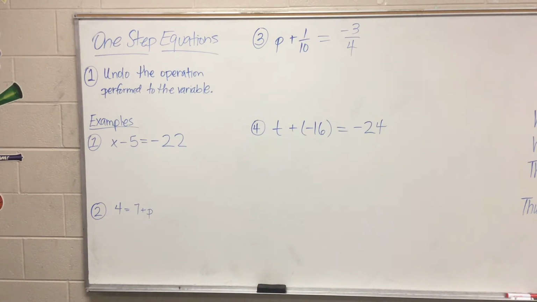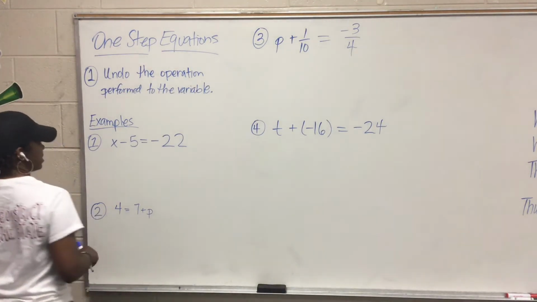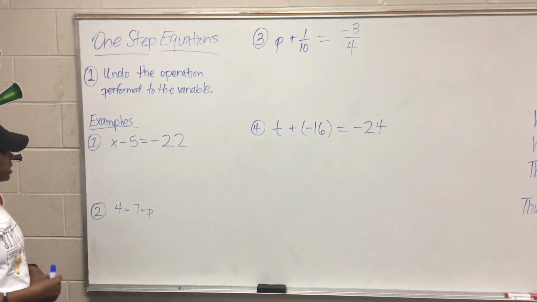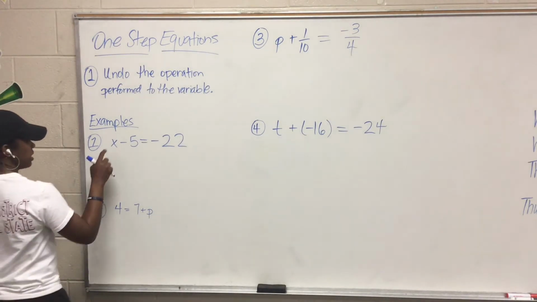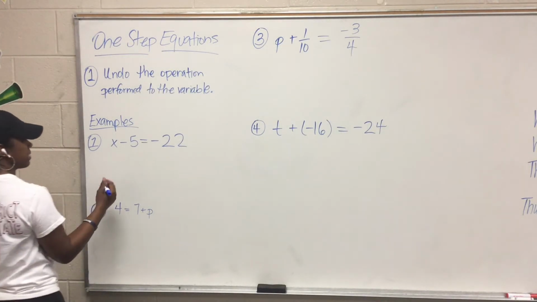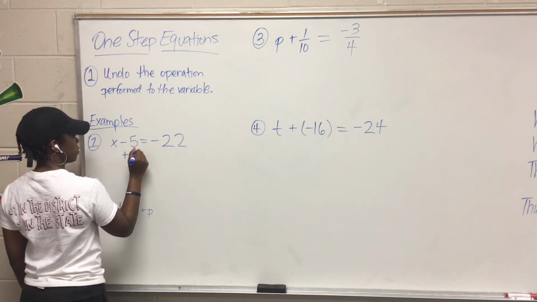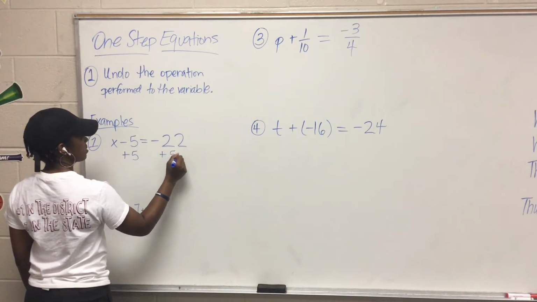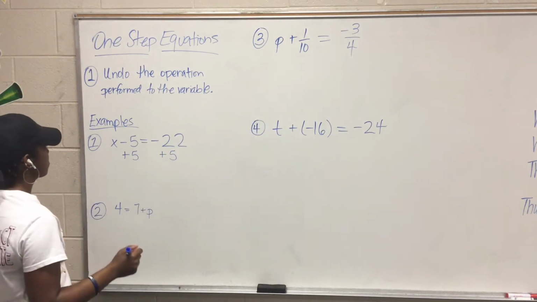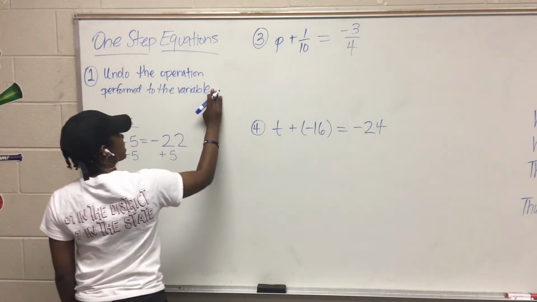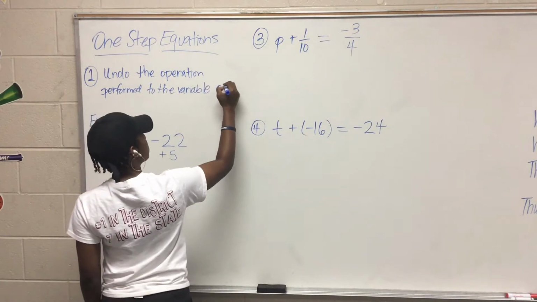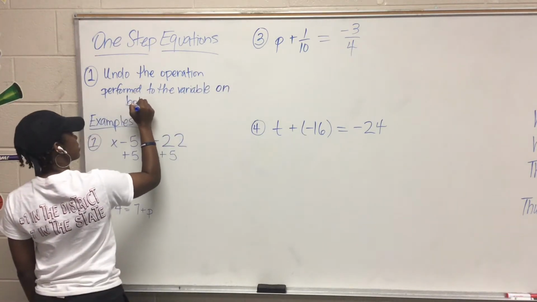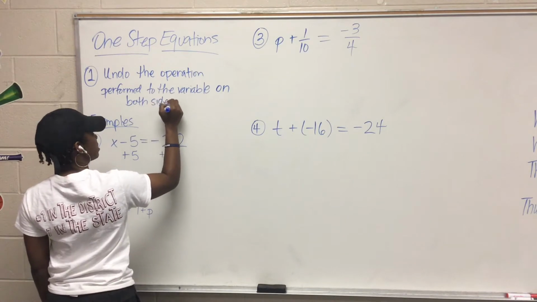Okay? So, for example 1, we have x minus 5 equals negative 22. Here's the variable x. They subtracted 5, so we want to add 5 on both sides of the equal sign.